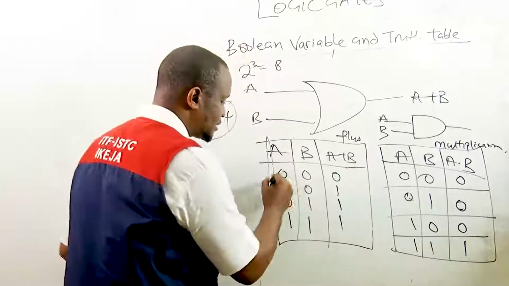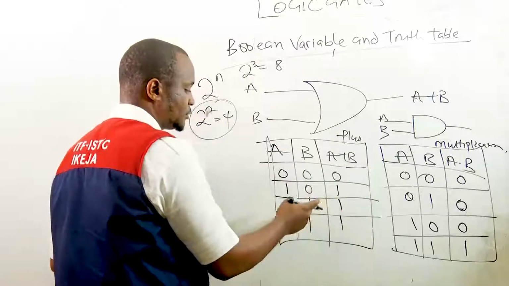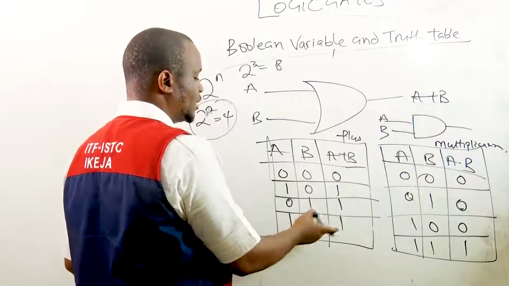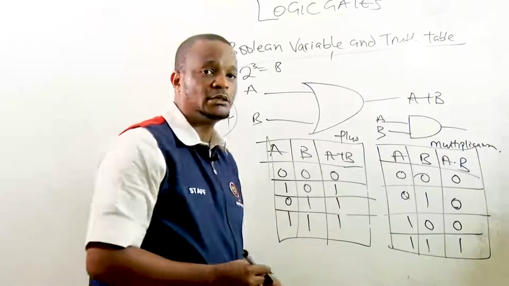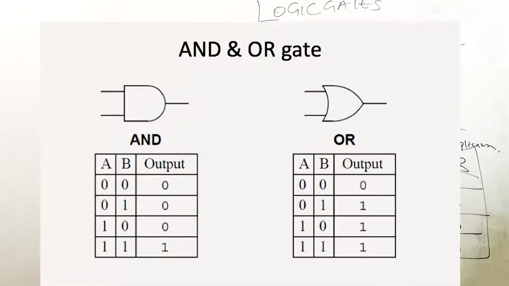The OR can be seen as 0 plus 0, 0 plus 1, that's 1, 1 plus 0, 1. Here, 1 plus 1 will definitely be 1, not 2. So that's why we say that Boolean algebra is different from our normal mathematical algebra.